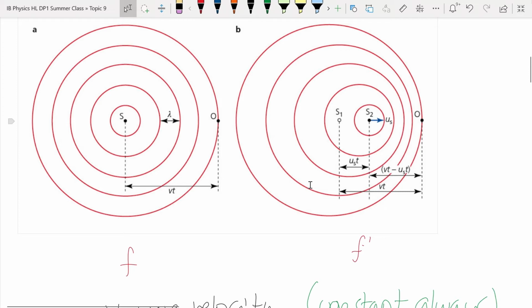The source has a velocity u_s, right? So if time t passes, it's going to move a distance, and the distance is going to be u_s t. So the distance the source moves is going to be equal to u_s t.